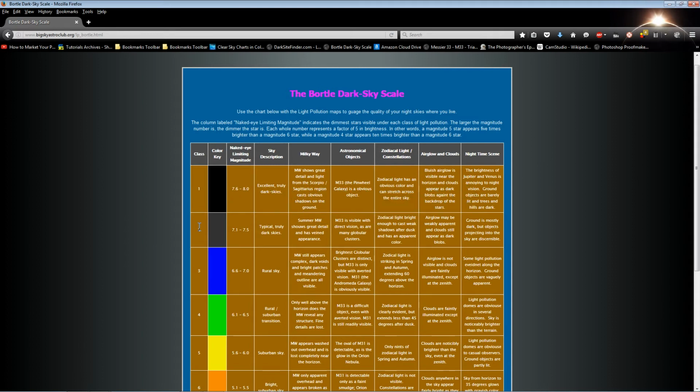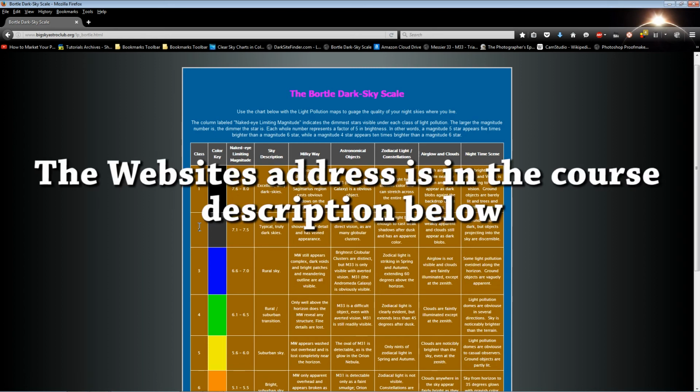For your assignment, yes, you have an assignment on this one as well. It's easy though. Just go to this website, the Bortle Dark Sky Scale, and look it over. Look at where the Milky Way starts becoming seen and other effects, astronomical objects like deep sky objects, when they become a bit visible, when the zodiacal light and constellations get affected or become visible, airglow, nighttime scenes, and get an idea of night sky descriptions, the limiting magnitude of starlight for each Bortle level and light pollution level.